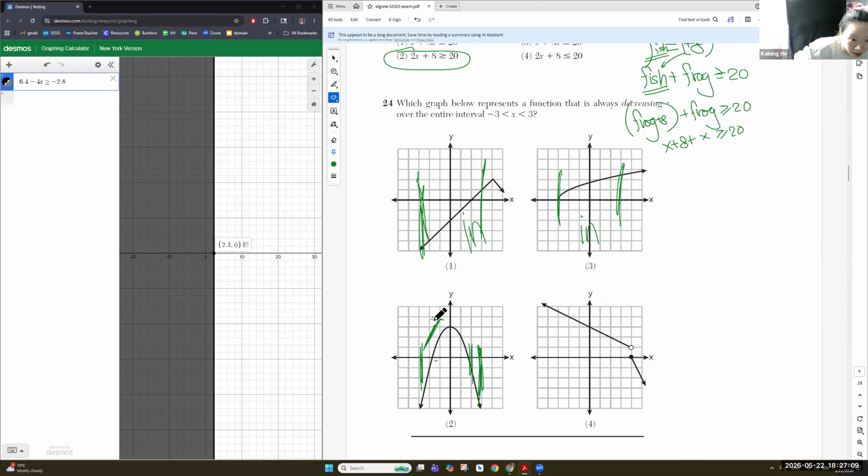Perfect. I have an increasing and then a decreasing, right? From -3 to 3, what is this? Decreasing. So the only answer choice is 4. There we go. What does interval mean? Interval means from somewhere to somewhere. Okay, decreasing. Never mind, I didn't see the decreasing. All right, so that was it.